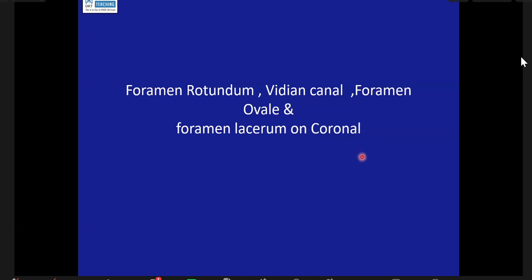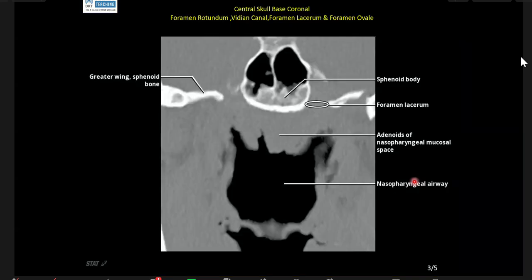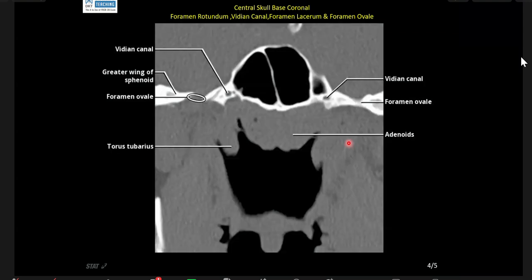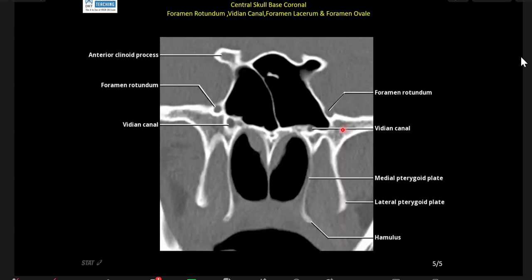Now let's see the same thing on coronal. So this is the coronal, and now these are the sphenoid sinuses, and you can see this Vidian canal, which is just at the base or inferior to the sphenoid sinus.